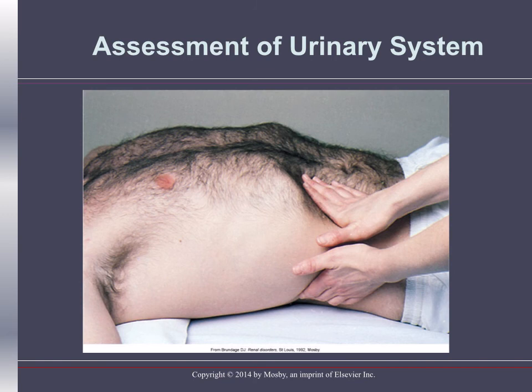The lower pole of the right kidney may be felt as a smooth rounded mass that descends on inspiration. If the kidney is palpable, note its size, contour, and tenderness, and this comes with practice. Kidney enlargement is suggestive of any neoplasm or renal disease condition.